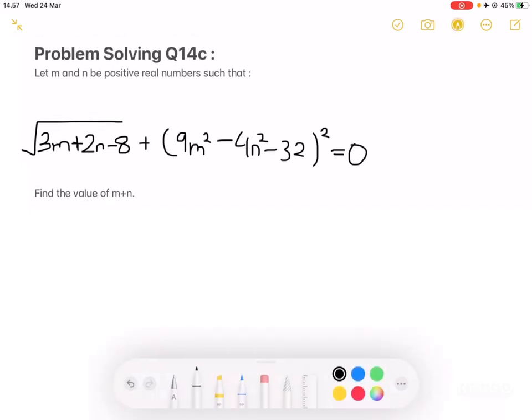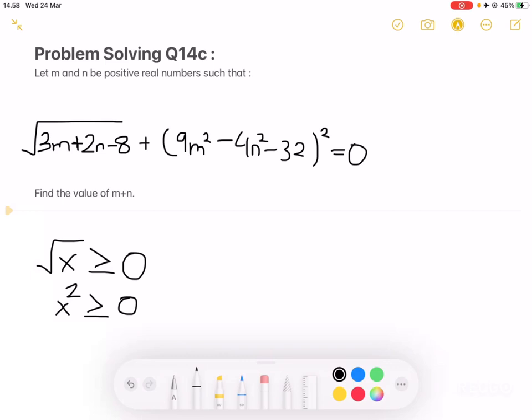Now this problem involves knowing that the range of the square root of x is always greater than or equal to 0 for all real values x. Likewise, the range of x squared will always be greater than or equal to 0. So we need to keep this in mind.